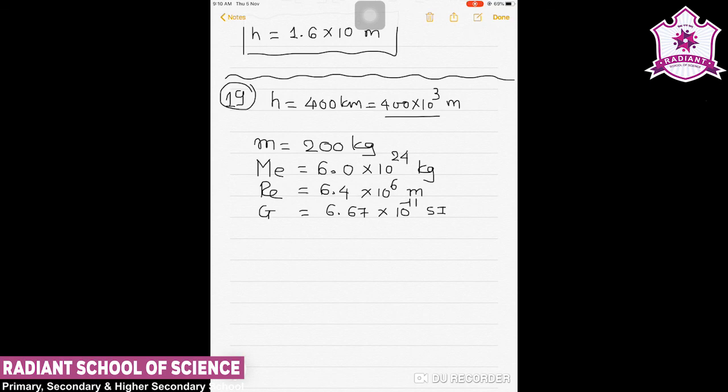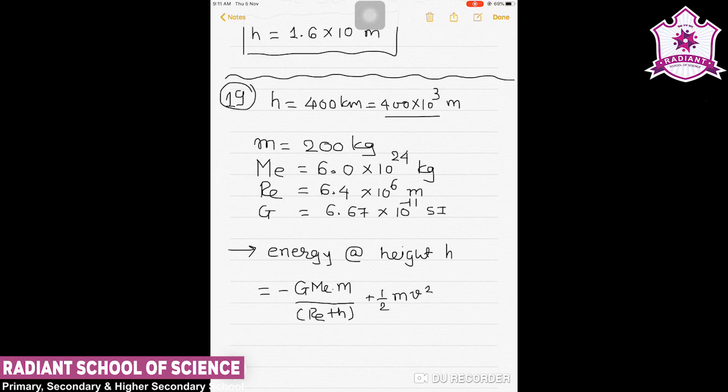So the total energy of the orbiting satellite at height h, we can say, is equal to minus G Me m over Re plus h, plus kinetic energy, that is 1/2 m v square.